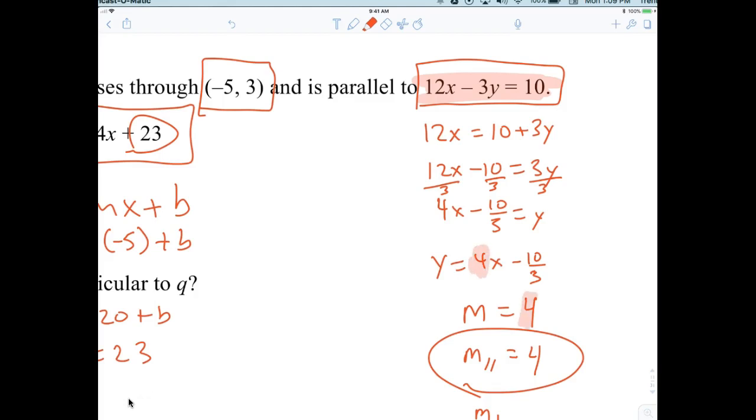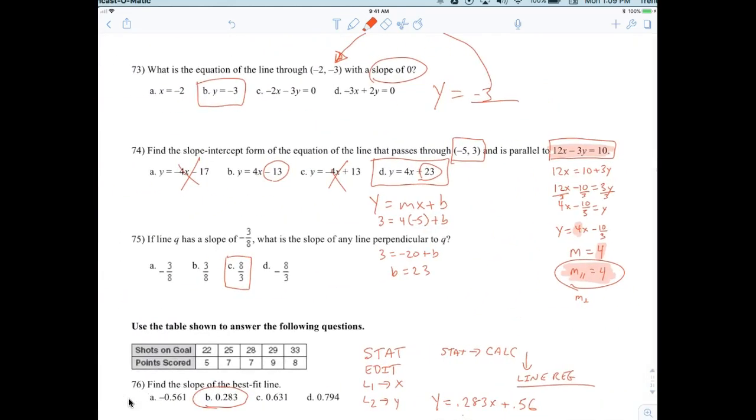The slope is 4. So the slope of the parallel line is also going to be what? 4. So I'm looking at my answers, and then I cross out A and C because those say negative 4. Right? Now I'm missing B.